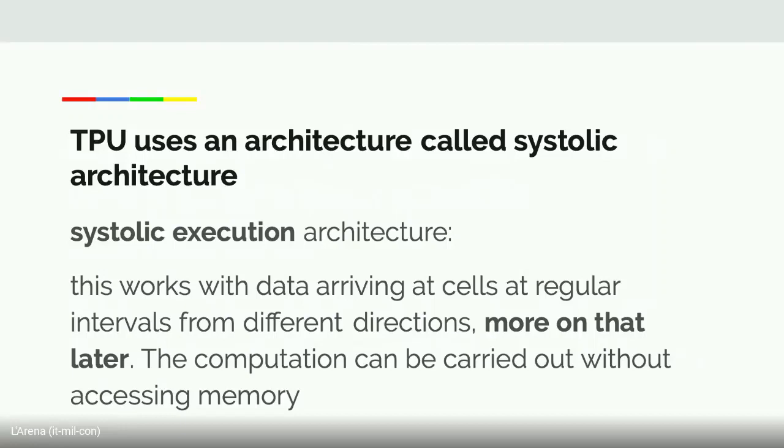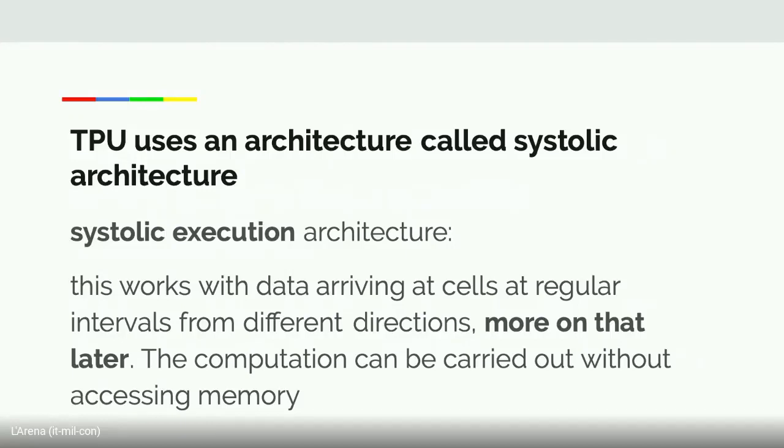They use a completely different way of handling data, what's called a systolic architecture. And if you read that, you will not understand it, because it says data arrives at regular intervals from different directions. What does it mean to arrive from different directions to a CPU? You don't have north, south, east, and west. I'll explain that.